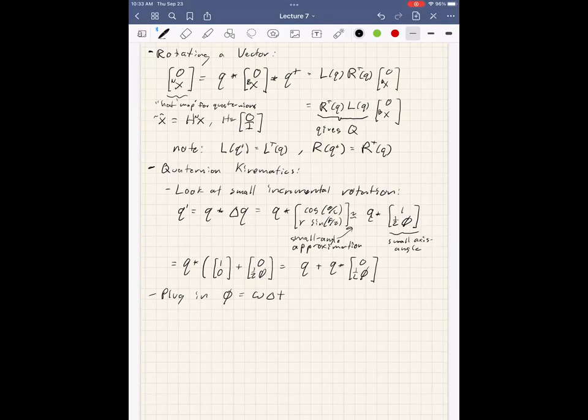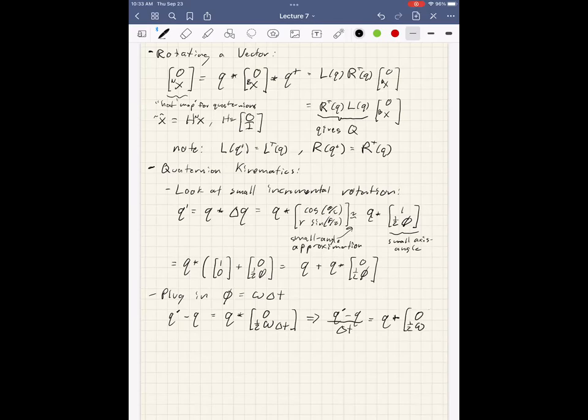Then Q prime minus Q, if I move that over, equals Q times 0, 1/2 omega delta t. I can pull the delta t out and get Q prime minus Q over delta t equals Q times this.